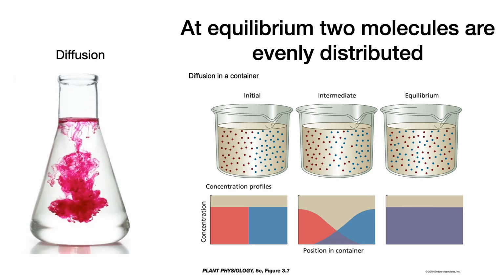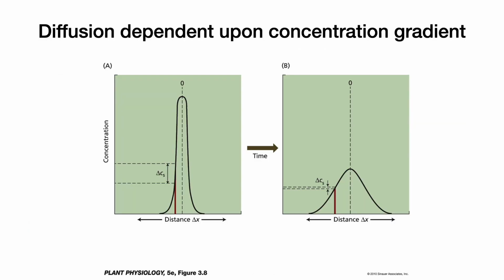And it's also dependent upon distance, with molecules moving very rapidly at short distances, but moving rather slowly over a long distance. This is reflected in this figure here, where we can see on the left-hand side a representation of the concentration gradient from low to high over a range or distance.